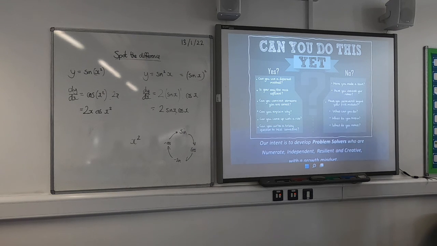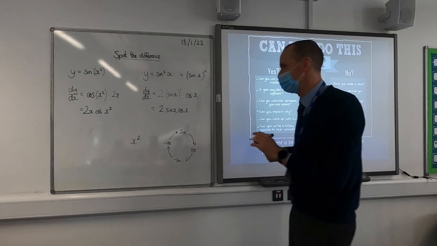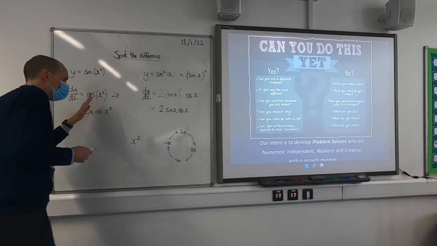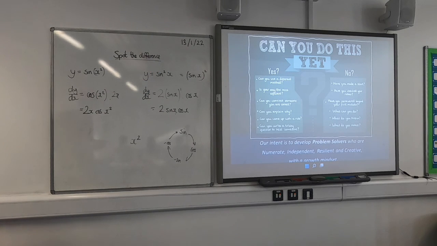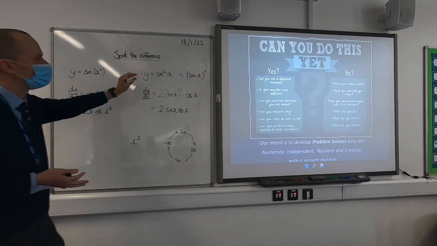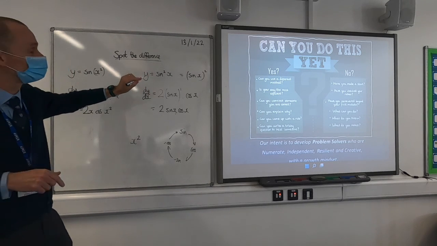So those two things are very similar in the way they look, but the way we differentiate them is different. We differentiate this one using trig differentiation, we differentiate this one using the brackets method. Of course, I could differentiate this using the product rule.